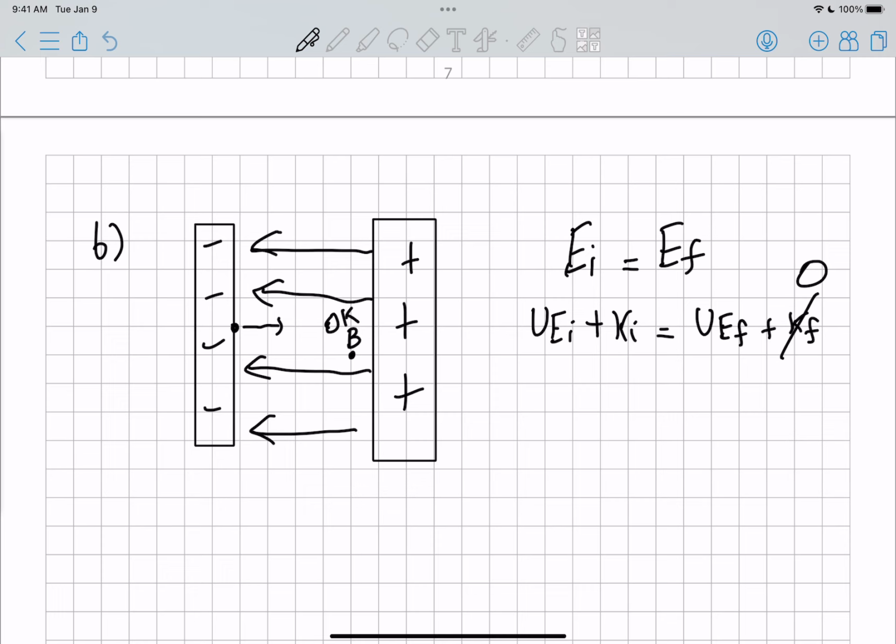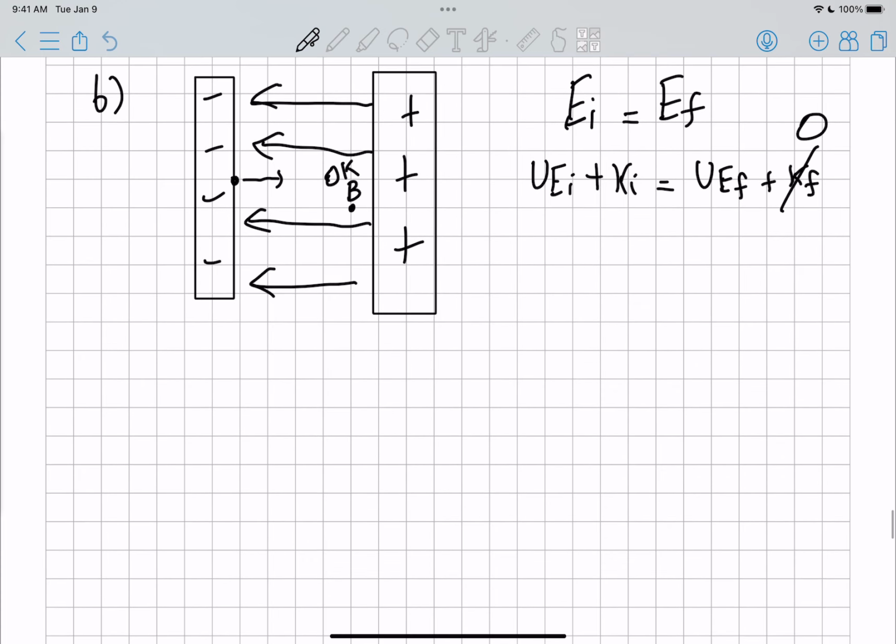Now, let's see here. So we know that delta U is equal to Q, the test charge, times delta V, right? Well, this delta U is the change in energy that we're looking for, UEF minus UEI, right?